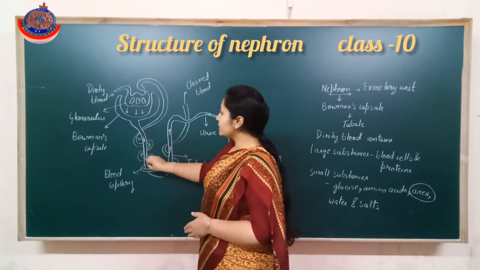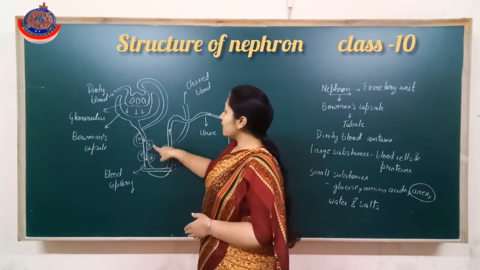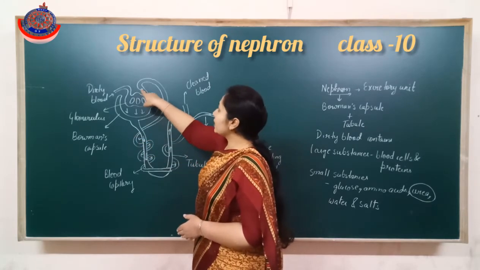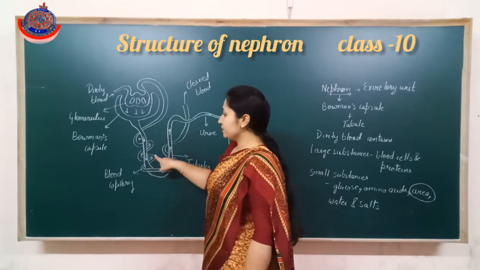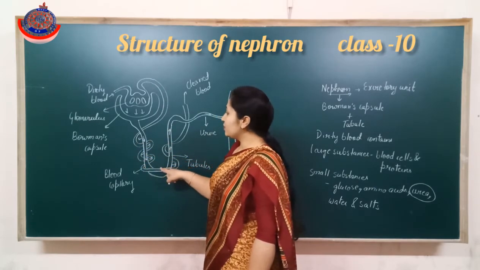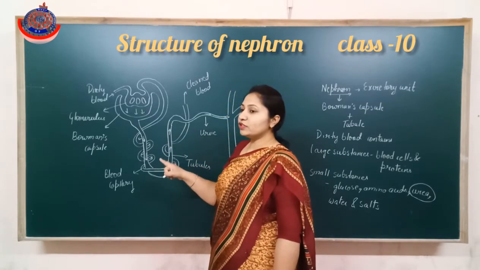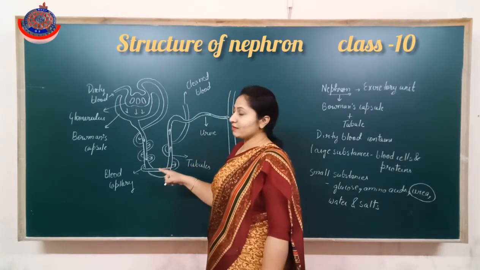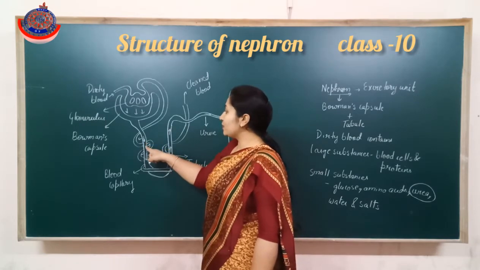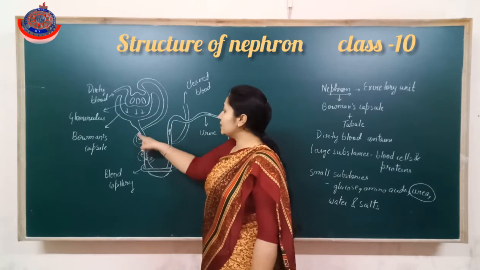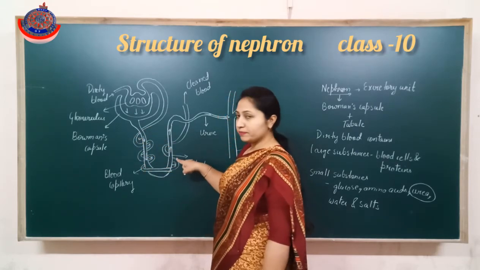When it enters the tubule, you can see that a blood capillary which is connected with the glomerulus surrounds this tubule. So selective reabsorption of the useful substances will occur, meaning the useful substances will be reabsorbed by these blood capillaries which surround the tubule.